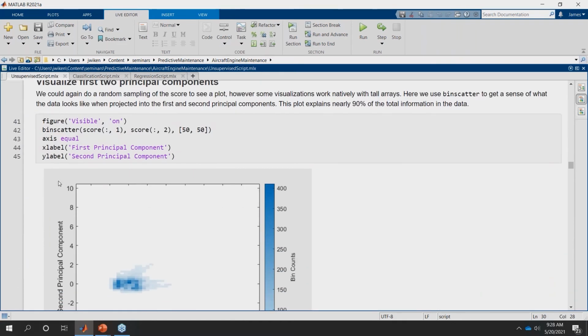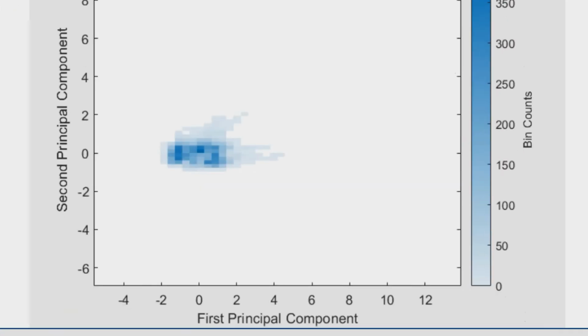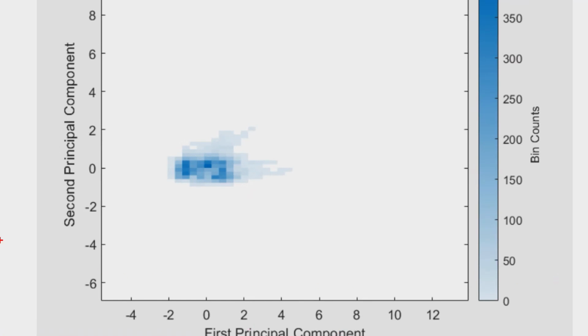Now, let's take a quick look at what these principal components look like. This is just the first principal component on the x-axis and the second one on the y. We can see in this scattered bin plot, you can think of this like a 2D histogram, the majority of our data is clustered in this rectangle here.